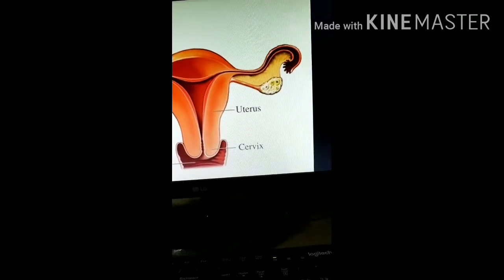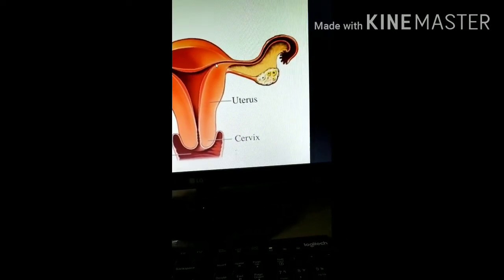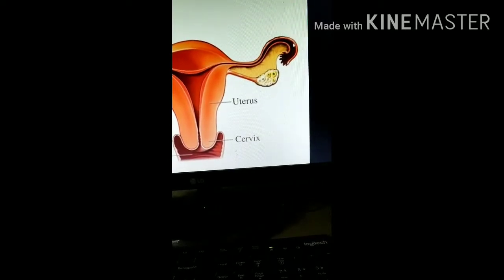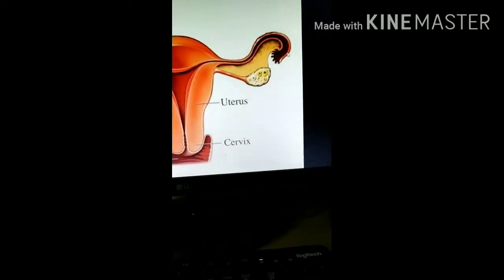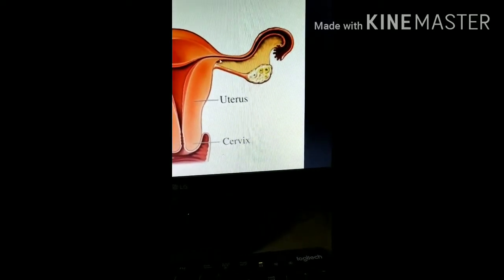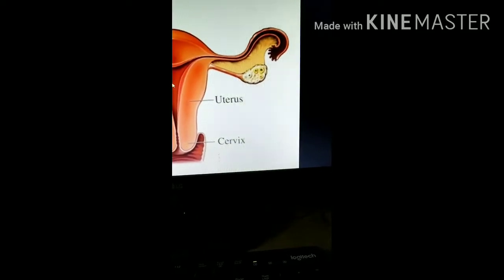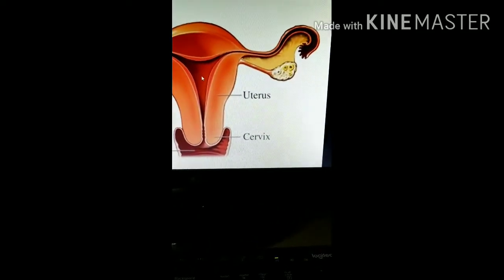The uterine tube starts within the uterus and goes to the lateral wall of the pelvic cavity. The lumen of the uterine tube is continuous with the uterine cavity. It must be memorized always.